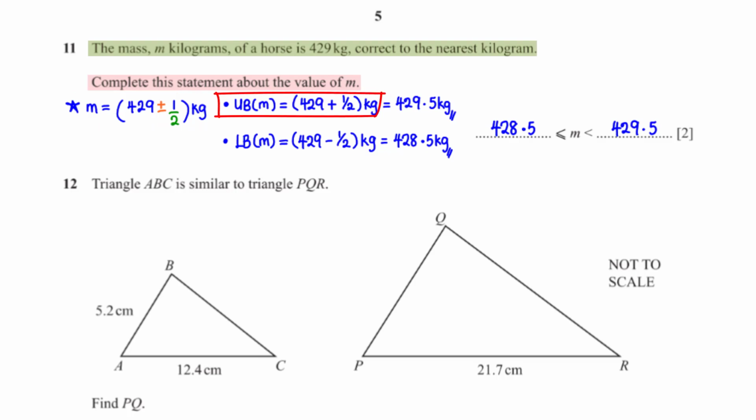The upper bound of m is 429 plus half kg, which is 429.5 kg, and the lower bound of m is 429 minus half kg, which is 428.5 kg. And so for our final answer, we have m is greater than or equal to 428.5 and less than 429.5.